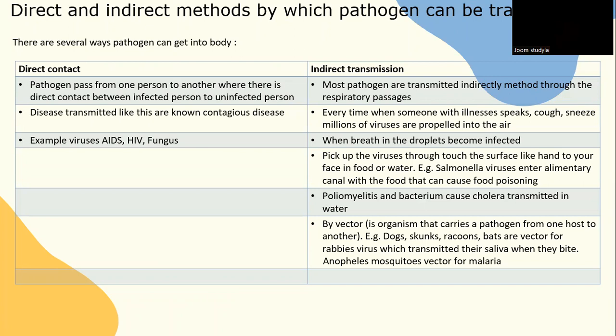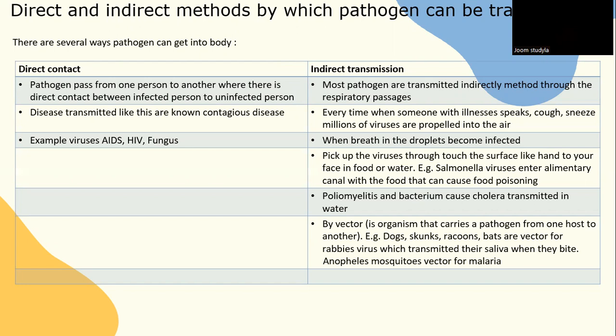For example, Salmonella bacteria can enter the alimentary canal through food and cause food poisoning. Likewise, poliomyelitis viruses and the cholera bacterium can be transmitted in water.